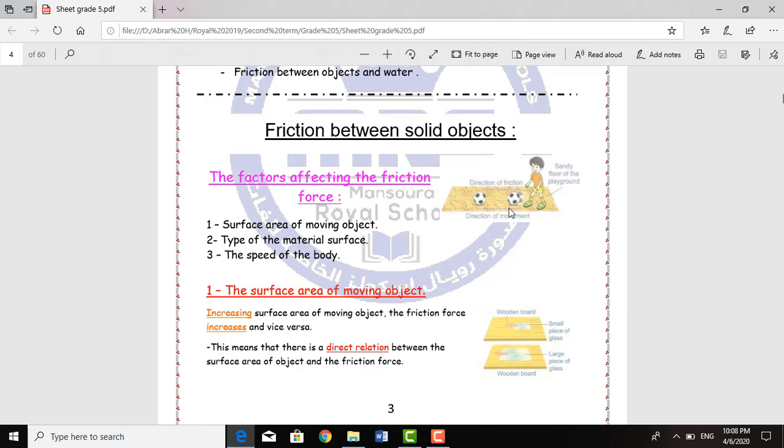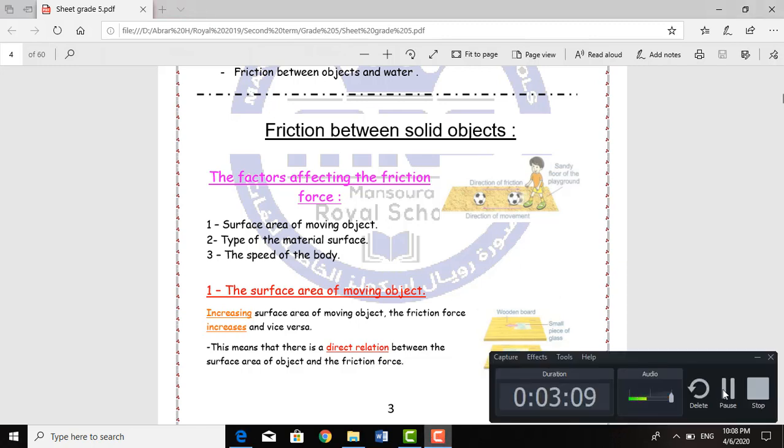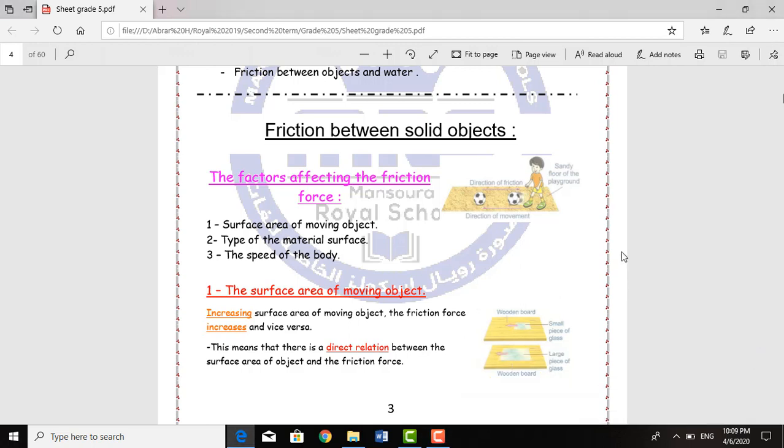So, the factors affecting friction force are 3 factors. The first one is the surface area of the moving object. The second one is the type of the material surface. The third one is the speed of the body. First, let's talk about the surface area of the moving object.